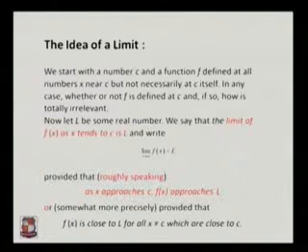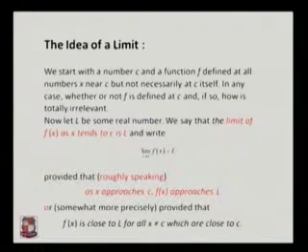We can say that the limit of f of x as x approaches c is equal to L, and we write it as limit x tends to c of f of x is equal to L. Roughly speaking, as x approaches c, f of x approaches L. Here f of x is close to L for all x not equal to c.